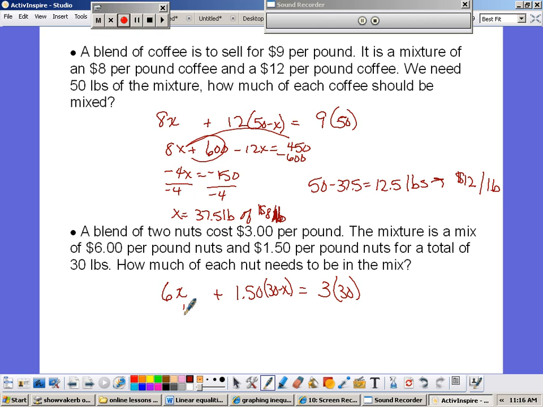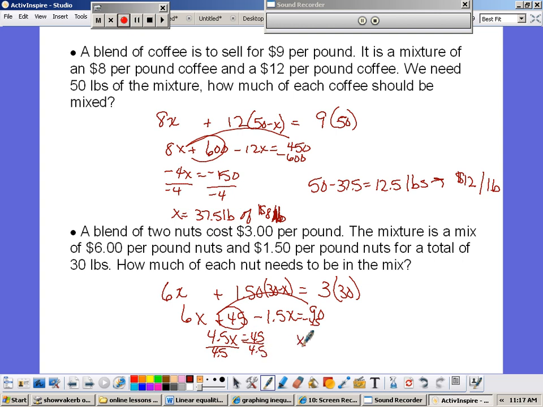So 6X plus 45 minus 1.5x equals 90. 4.5x, move my 45, equals 45. Divide by 4.5.